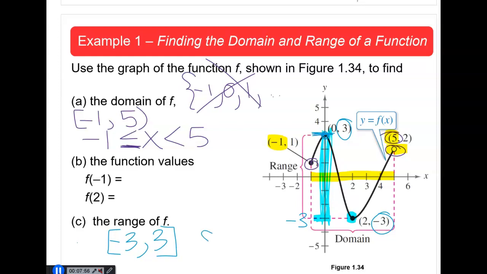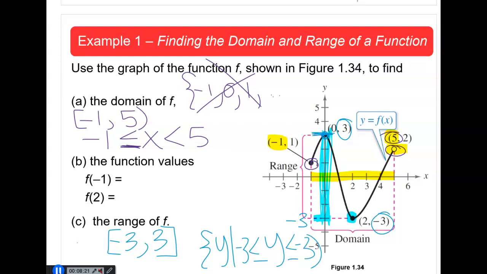It could be something like any x such that, oh, and not x, but y, because we're talking about range, such that y is greater than or equal to -3 and less than or equal to +3.